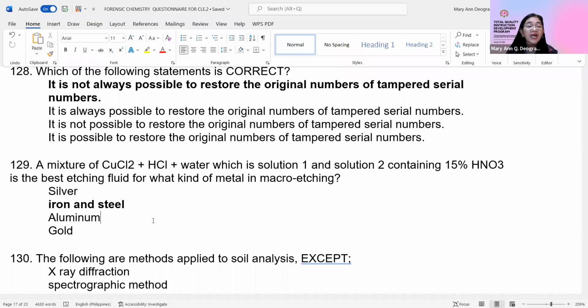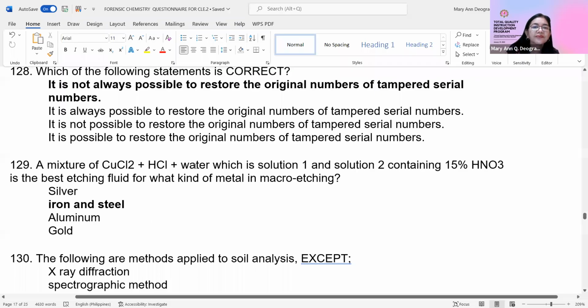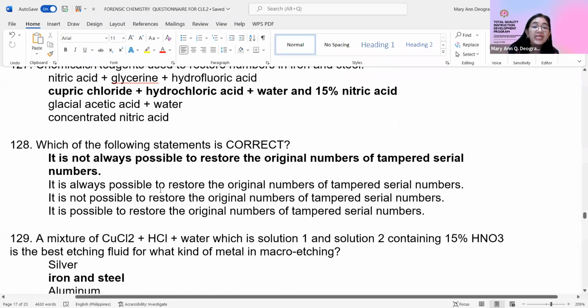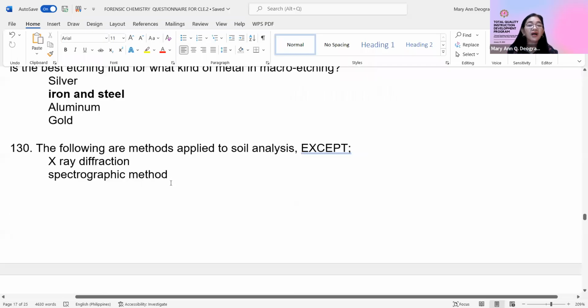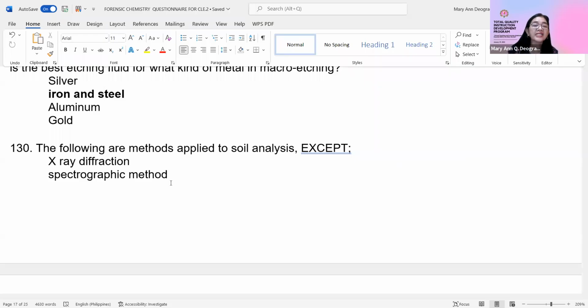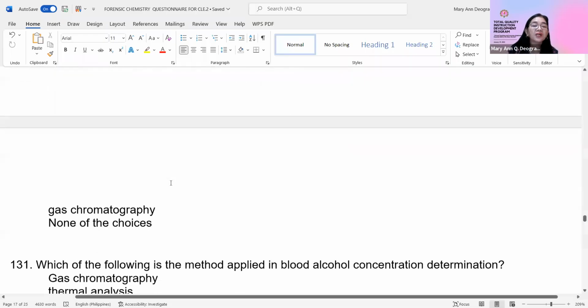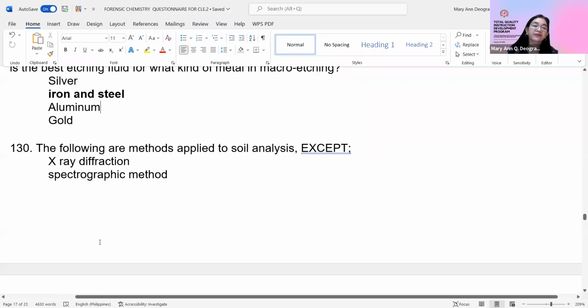Yung silver, ang ginagamit yan, nitric acid. Ang gold, glacial acetic acid. Aluminum, we have the nitric acid, glycerin and hydrofluoric acid. Okay. So, the following are methods applied to soil analysis except, so lahat yan, gas chromatography ang sagot.